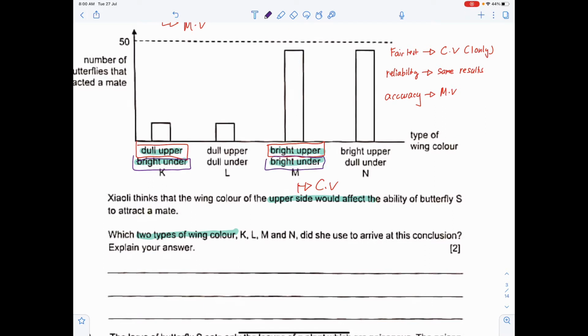So if you use these two, there's only one change variable, which is the upper side. The underside remains unchanged. Similarly, you could have chosen your answer as L and M. Then you will have to explain that in this case, the upper side is different and the underside is the same. Just that the dull and bright actually swap.